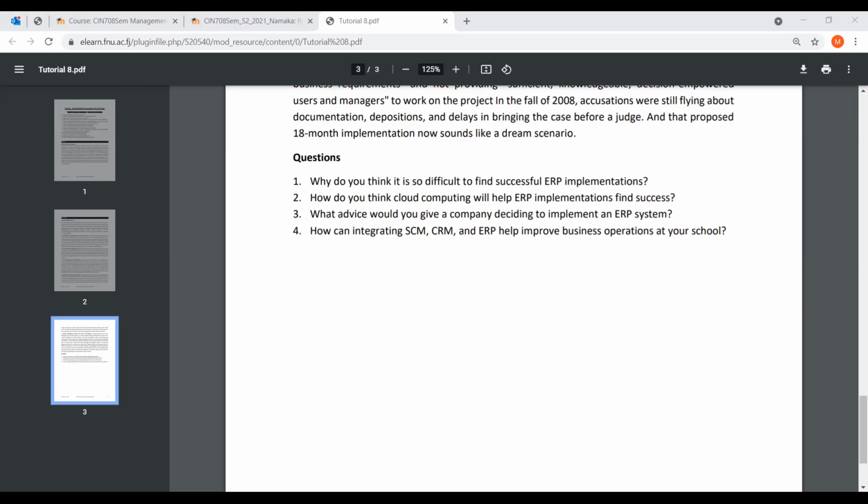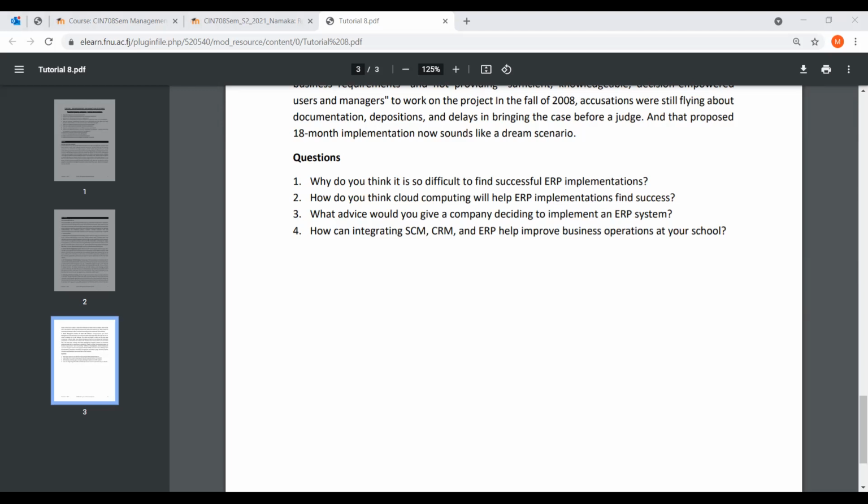Now, question number 4, how can integrating supply chain management, customer relationship management, and enterprise resource planning help improve business operations at your school? Okay. Now, at the university level, there are a few things that I could talk about. Now I have to think from a student point of view in this case.